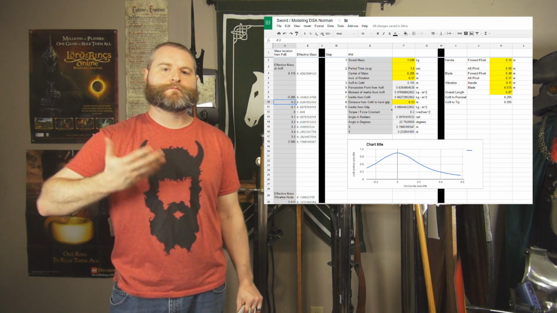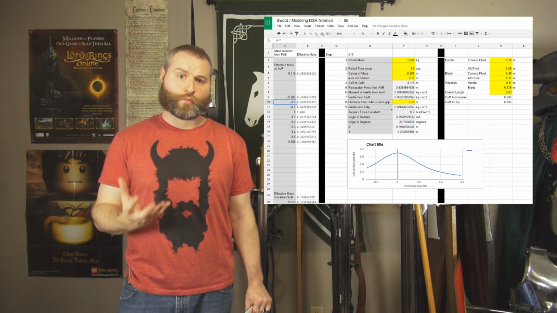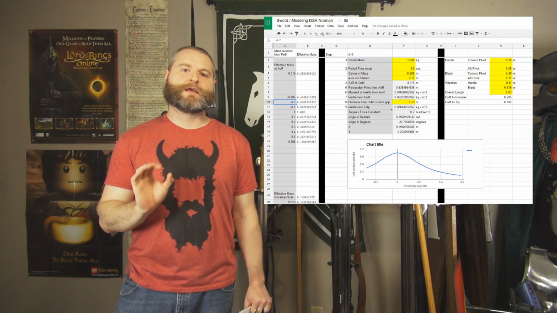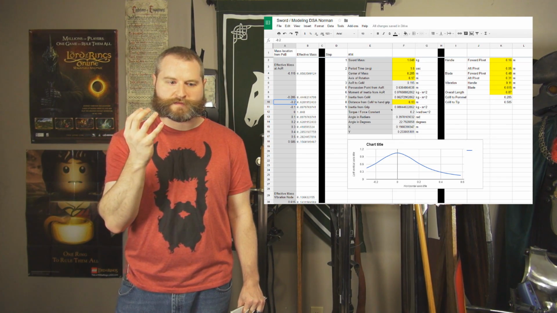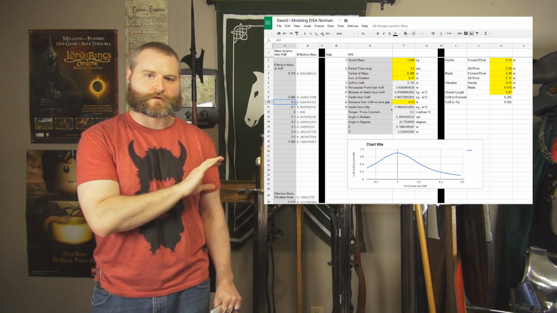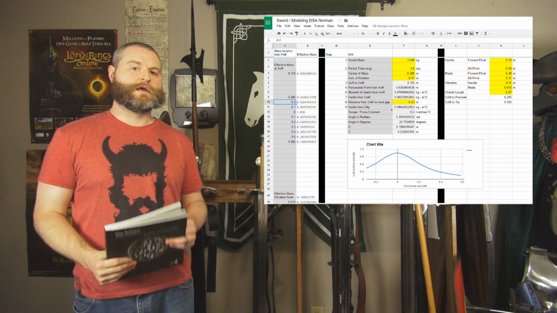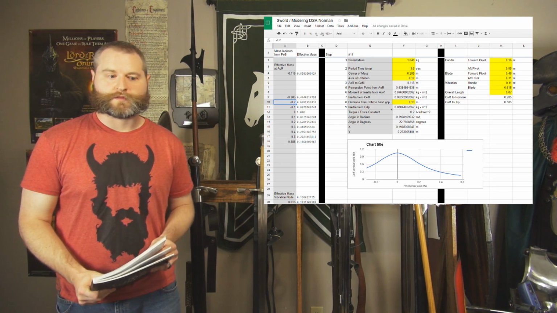And I hope I can make this a thing that people want to do, and maybe even make this a thing that manufacturers begin looking at, because the details of how a sword is made affects all of this. And I'll go over this in a lot of detail as we work through this.